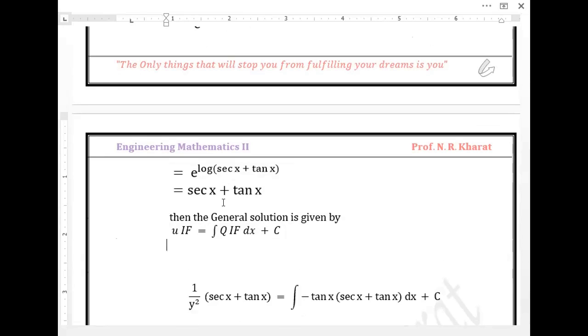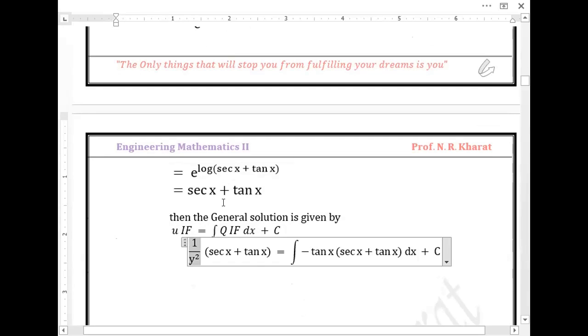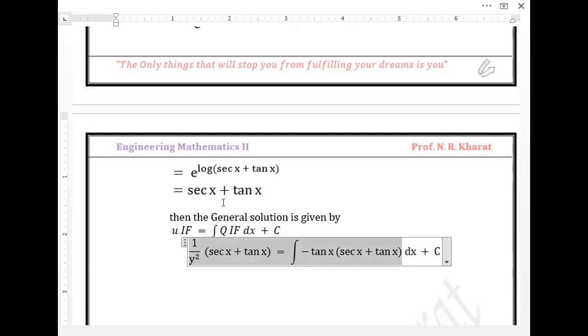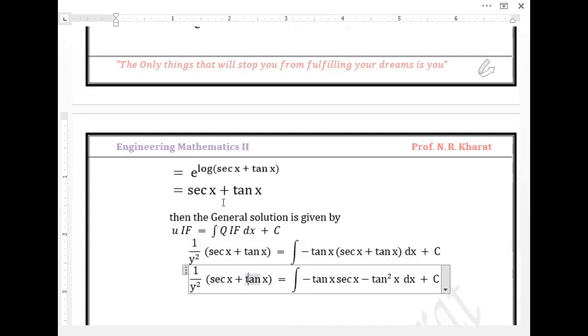So replacing the value of u, which is 1 upon y square, and the integrating factor sec x plus tan x, we get the integration of minus tan x multiplied by sec x plus tan x into dx. When we simplify, minus tan x into sec x becomes minus sec x into tan x.